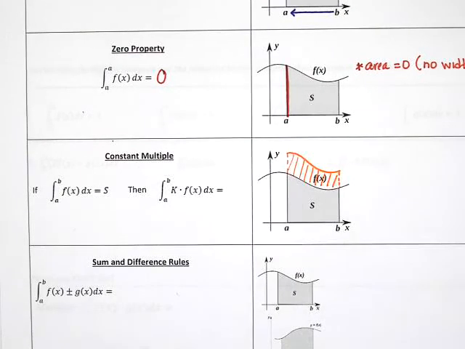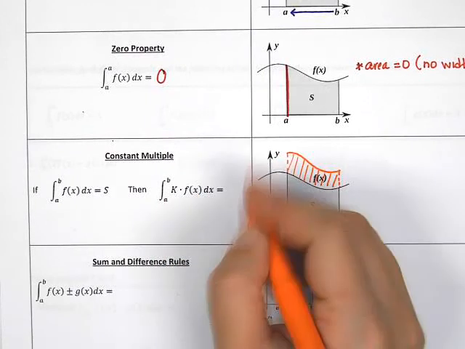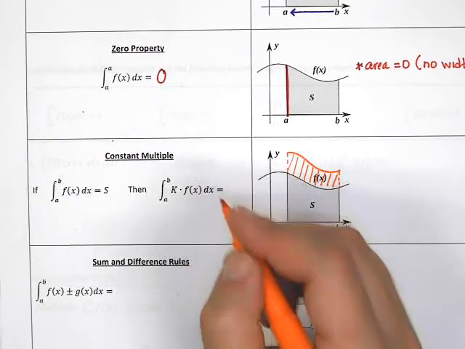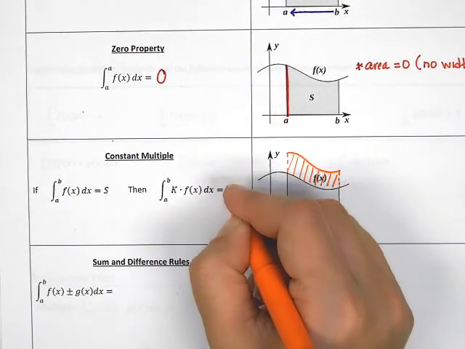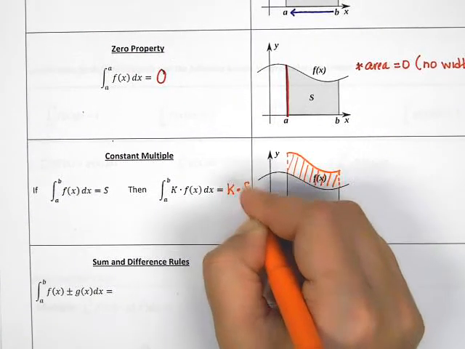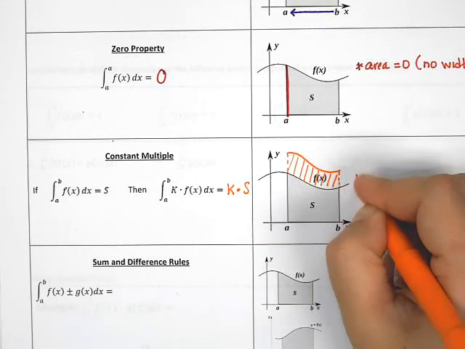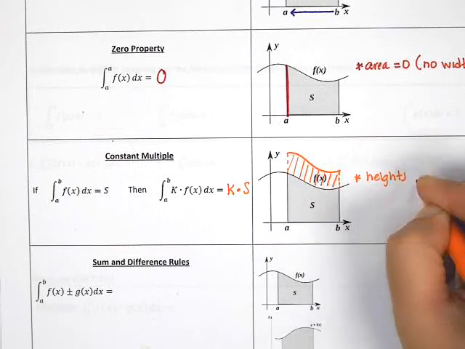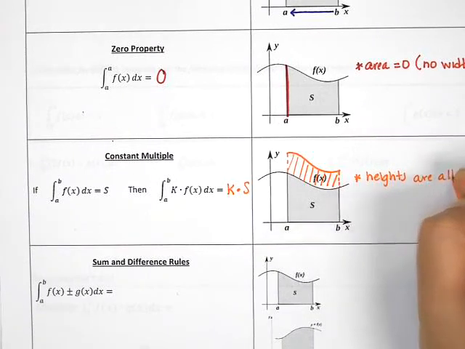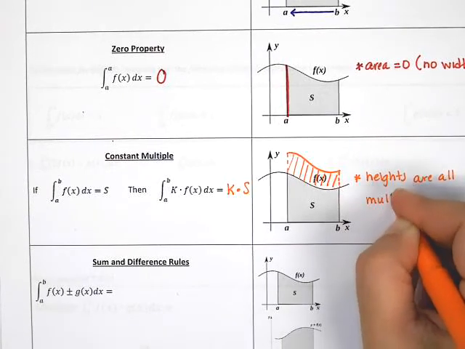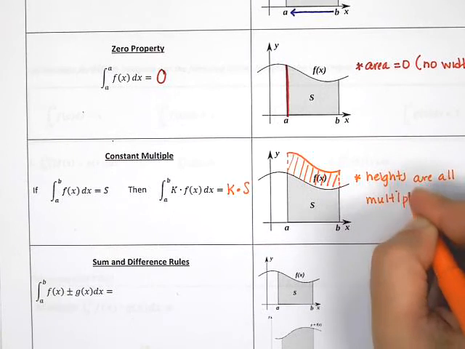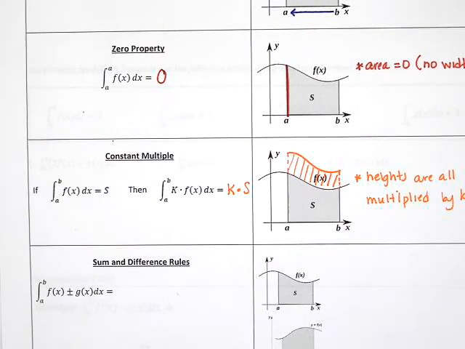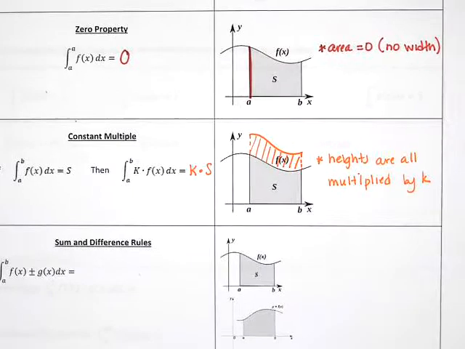In other words, if you put a 2 f of x, your area is going to be worth twice as much because all the heights will be twice as tall. So our answer here would be k times s. And the reason is because the heights are all multiplied by k. So it ends up multiplying your total area by k.